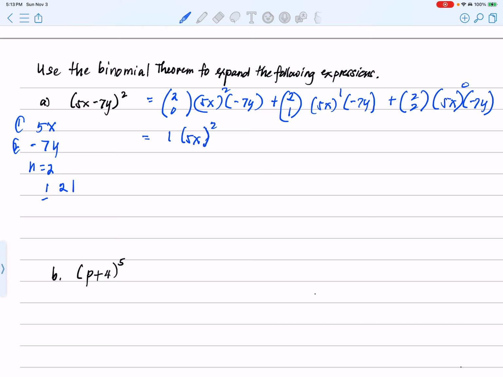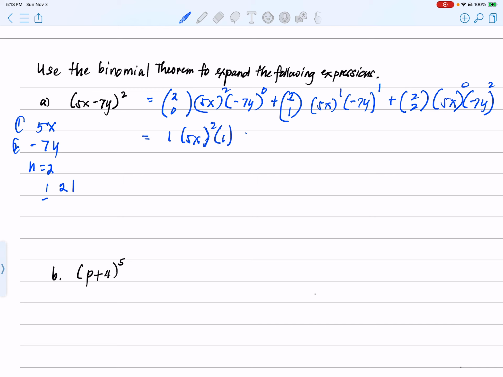Well, this is 0, 1, 2, because the first term is descending from n to 0, while the second term is ascending from 0 to n. So 0 to 2. And that should be the case. So negative 7y to the 0 is 1.